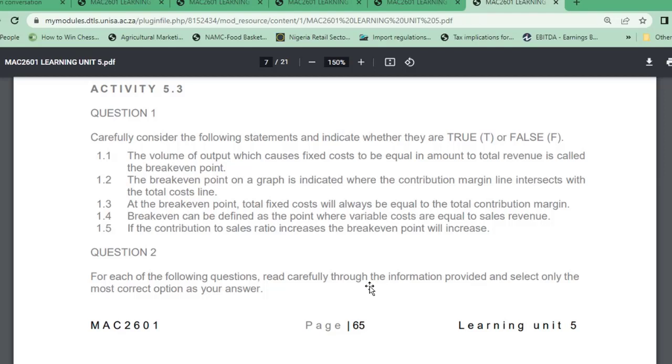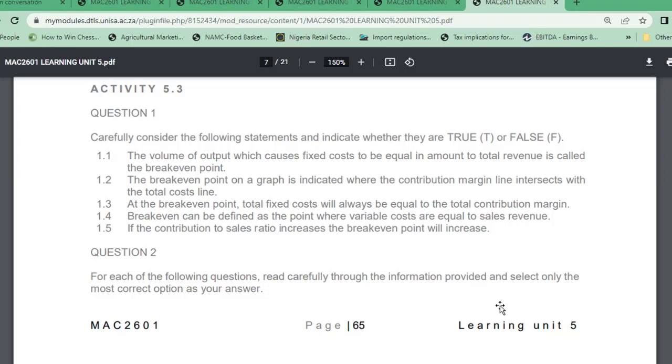So now we're saying we're increasing this contribution ratio from 50% to 60%. It means that at least 60% of my sales will be able to cover my fixed costs. We were on 50, now it's on 60, so there's 10% more available to cover my fixed costs.